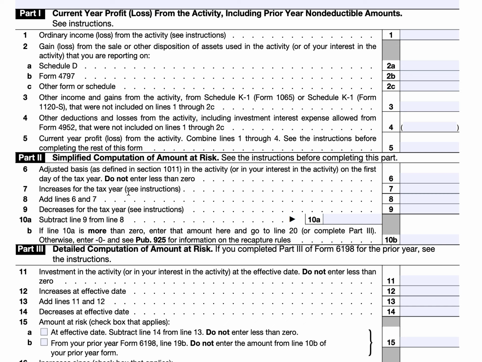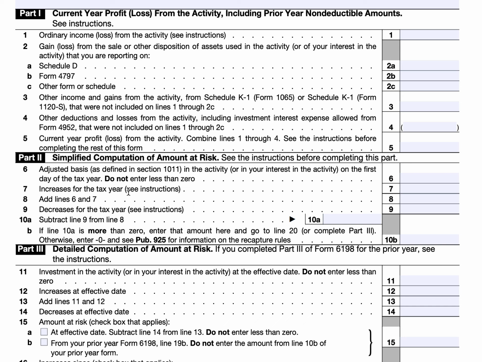So if you need more information, the form instructions do a little bit more explanation in breaking this down for you. 2, cash and the adjusted basis of other property that was contributed to your activity during the tax year.